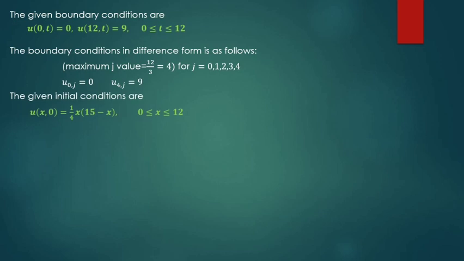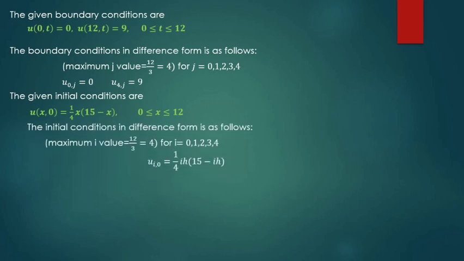The given initial conditions are u of x comma 0 is equal to 1 by 4 into x into 15 minus x. Here also you find the terms in terms of i, u of i comma 0, that only we need. So here also i takes the maximum value 4, since we have taken h equal to 3. So x is nothing but i into h.